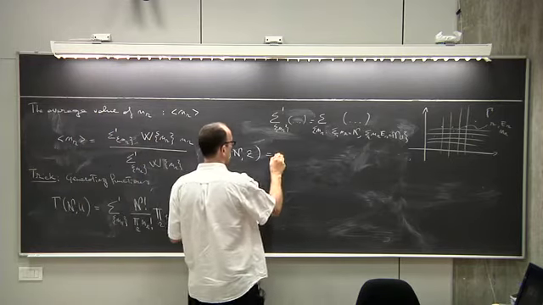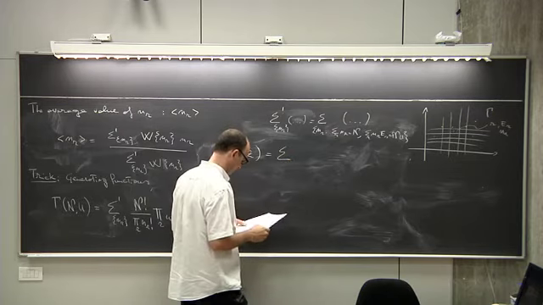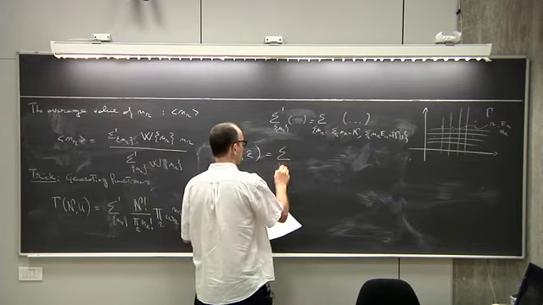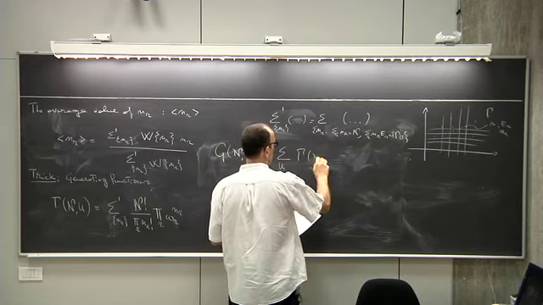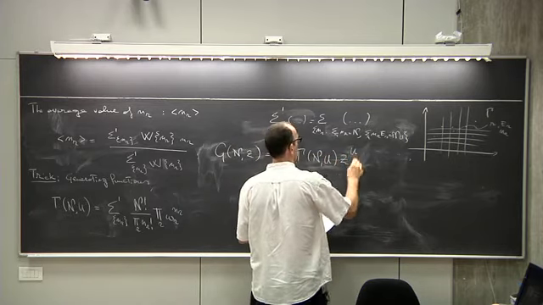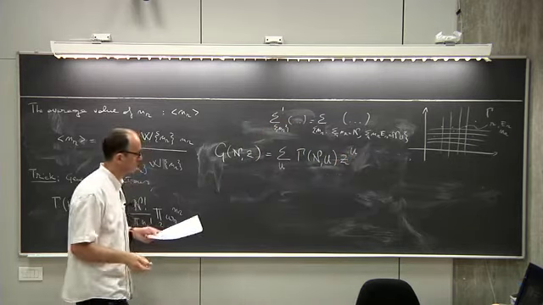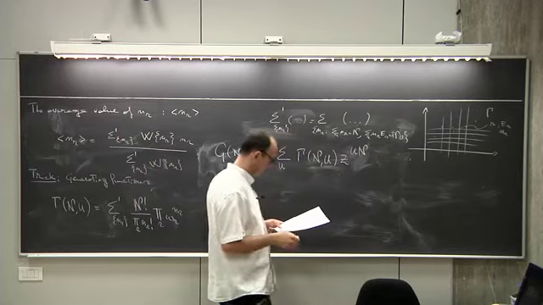So what I'm going to do is to sum over all the possible values of u of this gamma of N and u times z to the u times N.